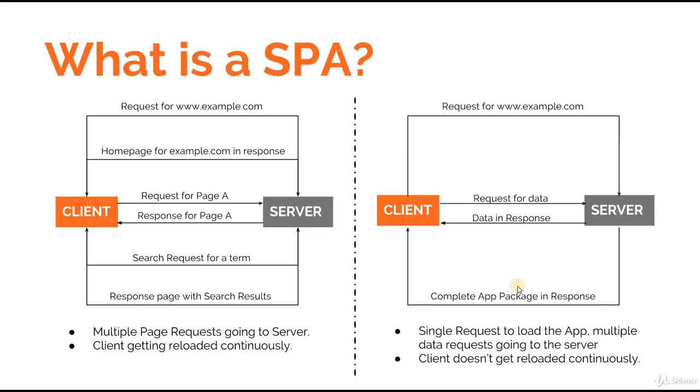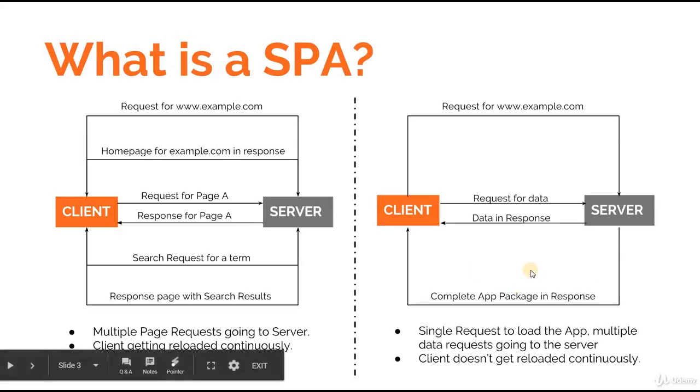Okay, so in that case, no multiple page requests would go on to the server, which would save bandwidth, and that would also enhance the user experience, as the views would quickly load up, as they only need data to load and not the whole markup, and the whole markup is initially loaded for the first request that went on.